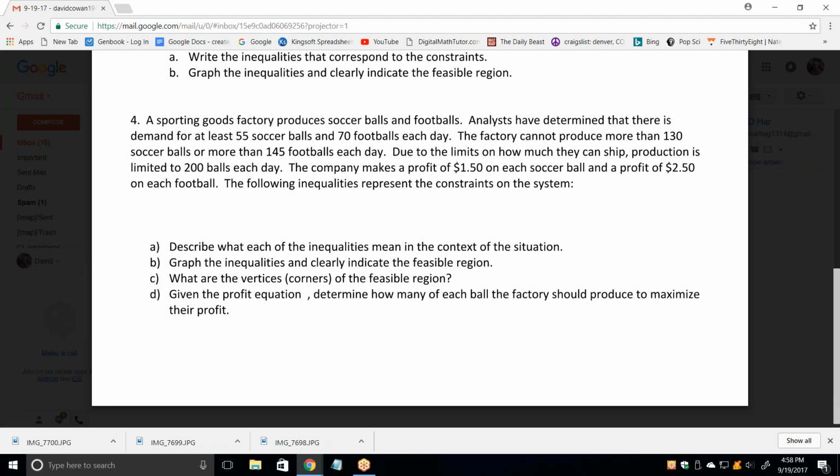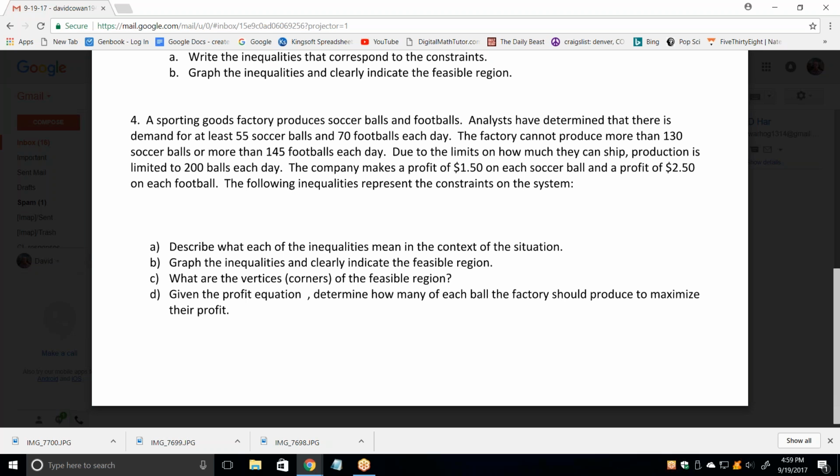And notice the vertices are not that easy, especially the vertices that are not on the X or Y axis. Those require you to solve the 2 inequalities that cross to form that vertex. You set them equal to one another and solve that system of equations. Okay?